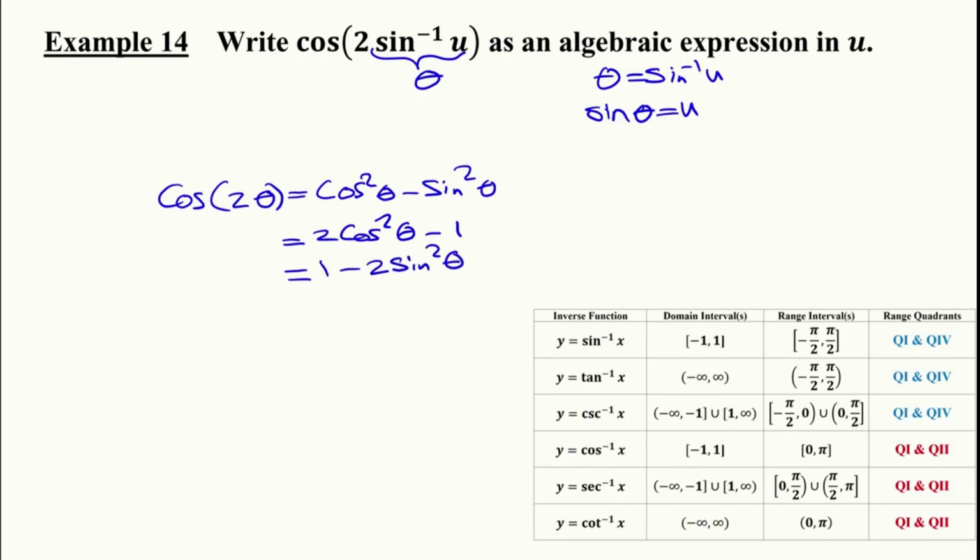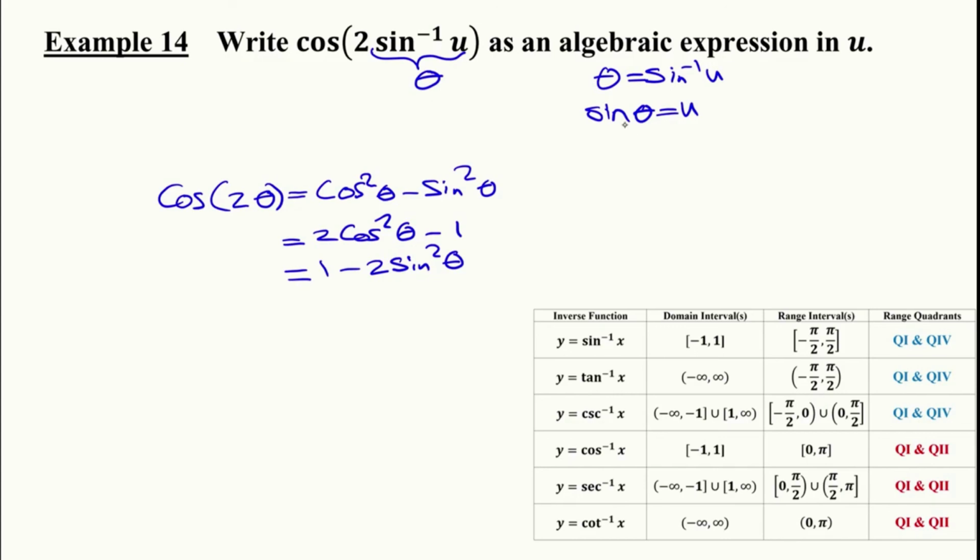Here we should definitely say last but not least, because if we want to use either one of those two, we're going to have to set up the triangle and find the missing sides, etc. But notice, if we want to use this one, we already have exactly what we need. So that's in fact what we're going to do.